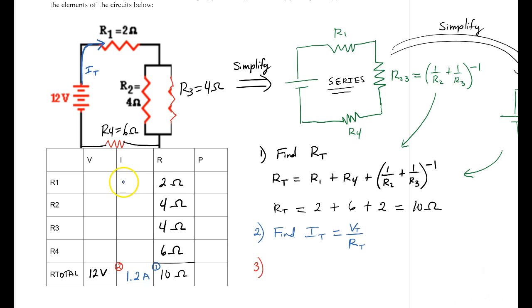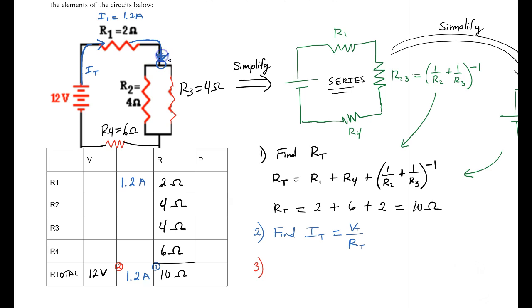is 1.2. Okay, write that down with confidence. Okay, now let's keep going with that current. So I have I1 is equal to 1.2 amps. Now what happens to that current when it reaches this junction here?